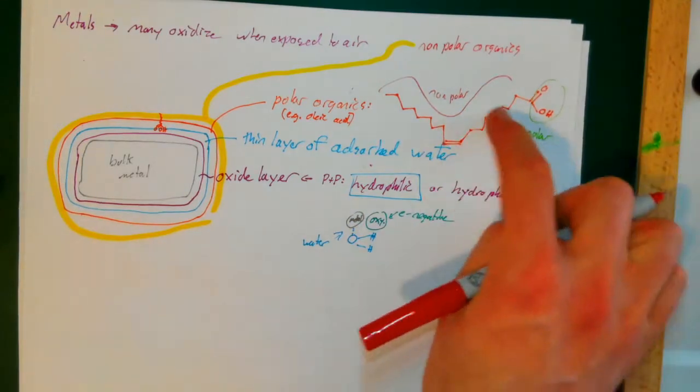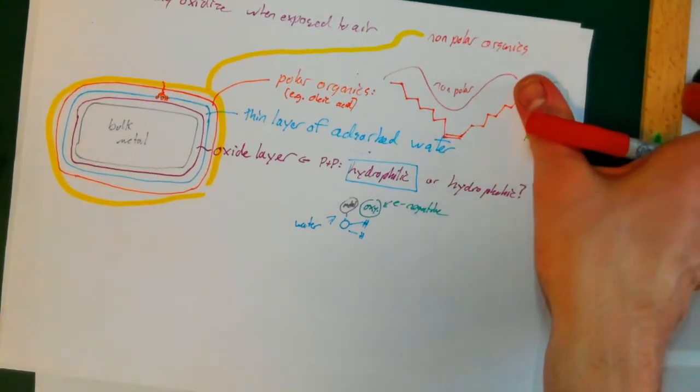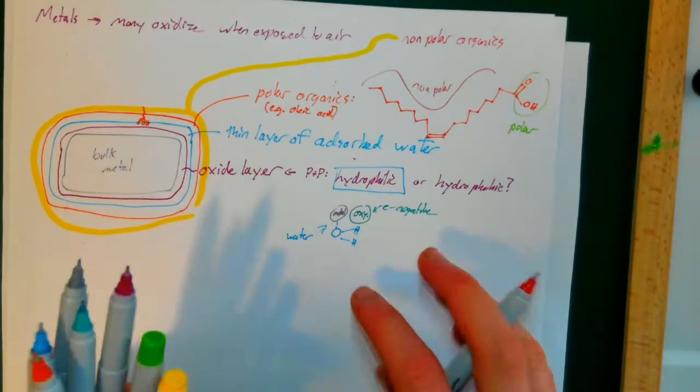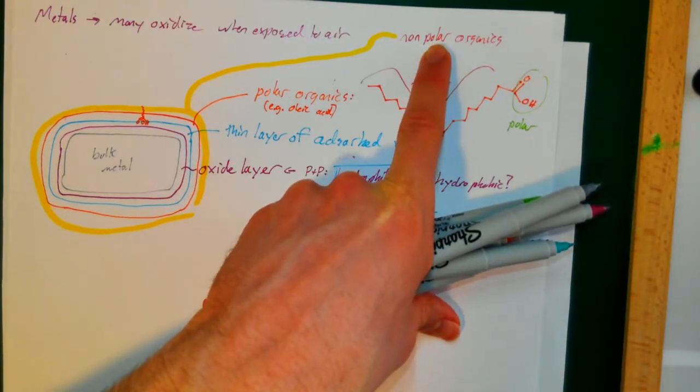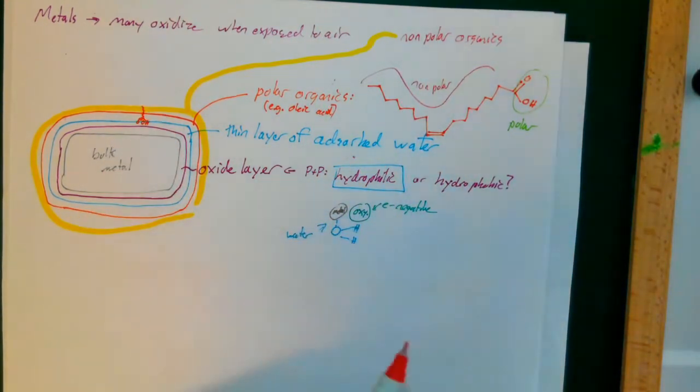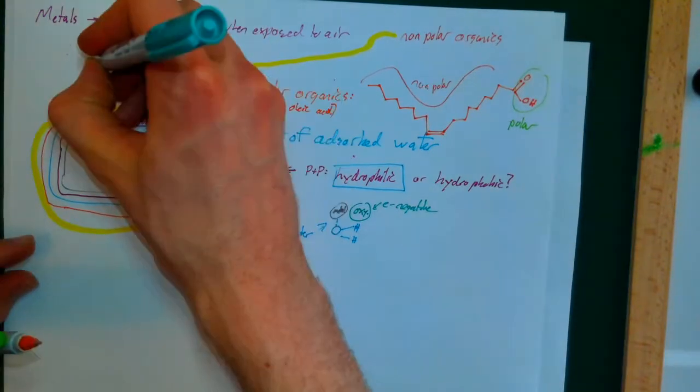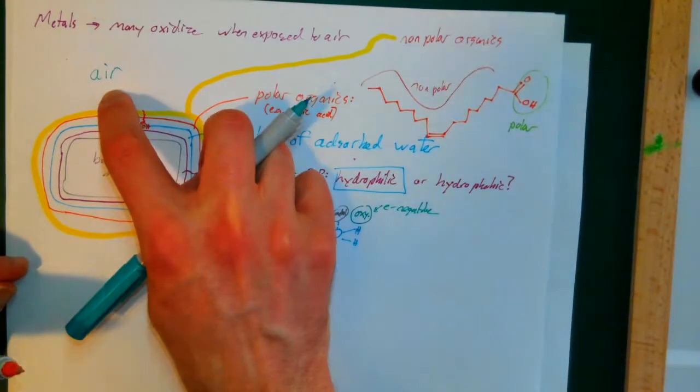So, for example, they might look like this, but just not with the OH group. So fully nonpolar things. And why might nonpolar organics be on the top surface? Well, if we think, what's at the very outside here is air.